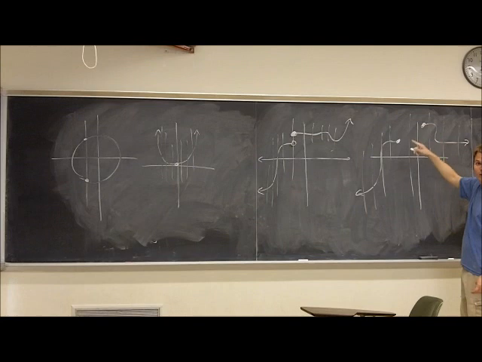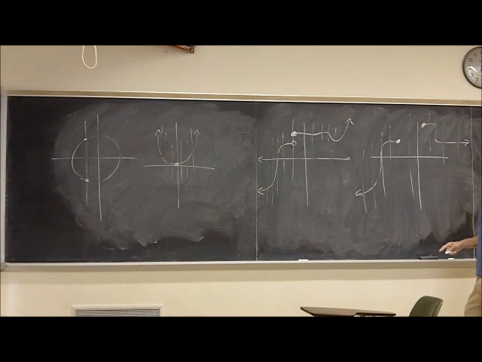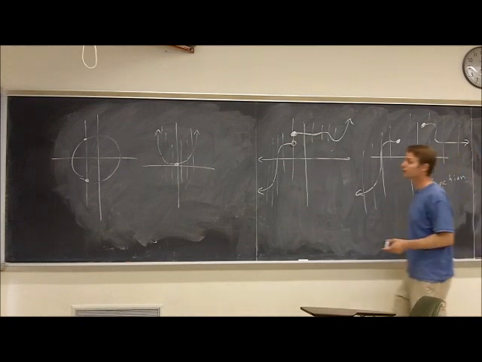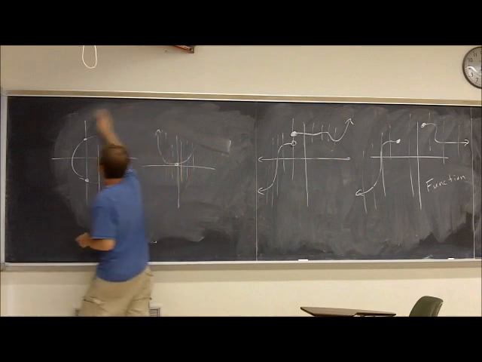So even though there's a big hole right here, there's not a spot on this graph where I can draw a vertical line and hit the graph more than once. So I say, yeah, this definitely is still a function, even though it's kind of a strange looking function that has a hole in it.